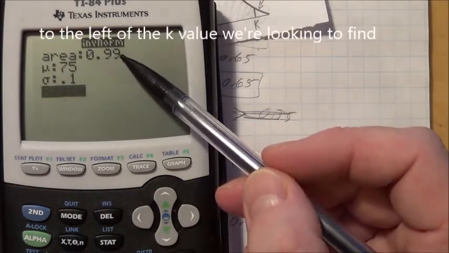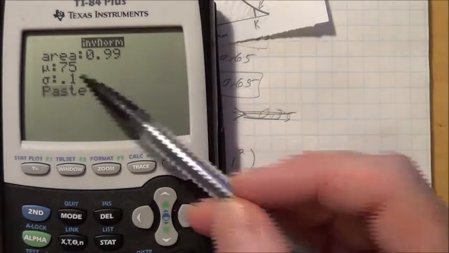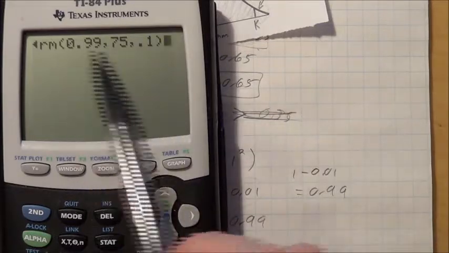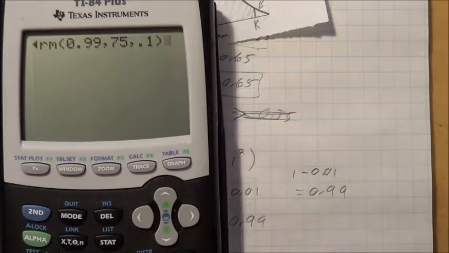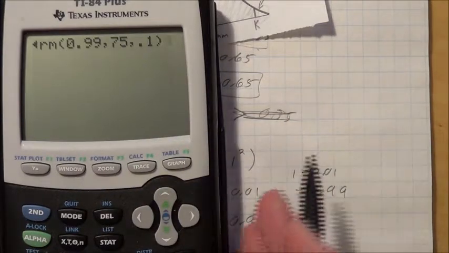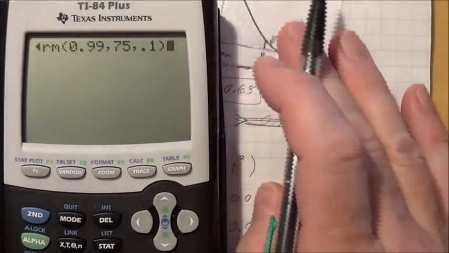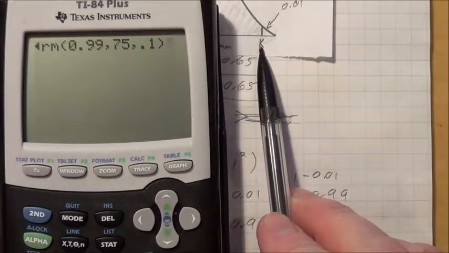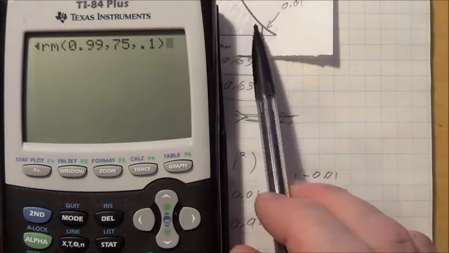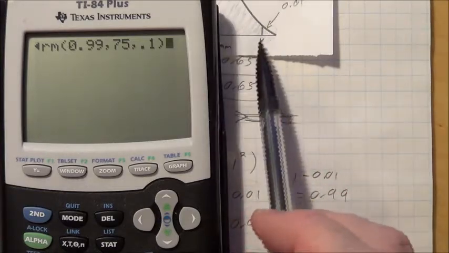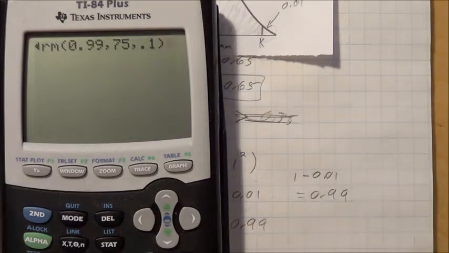So that's the area, that's the mean, that's the standard deviation. We paste that into our inverse norm, and this is going to give us the boundary k that separates the 99% to the left of k and the 1% to the right of k.